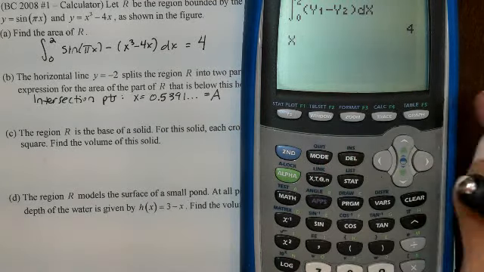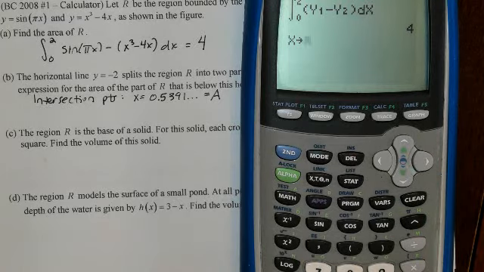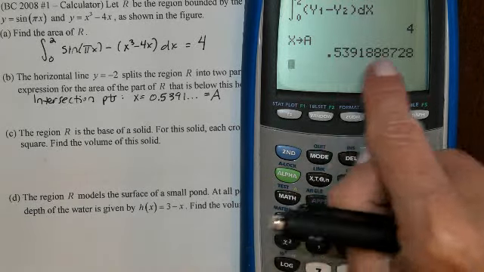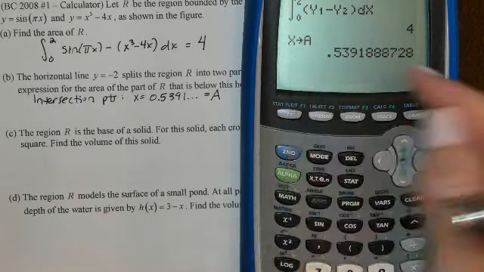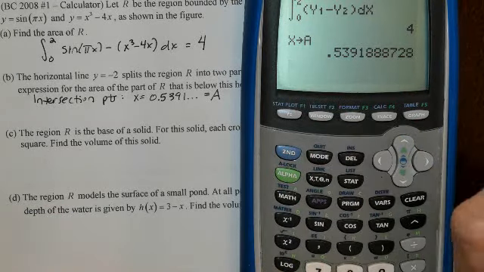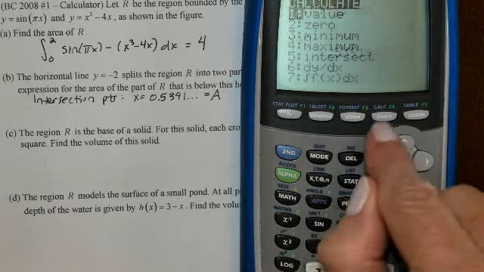It'll think something else is X, and I don't want to lose that. So I'm going to store that X value in for A, alpha A there. Enter. So now that's stored in for A, and that won't change until I change it. Okay? But X is going to change.